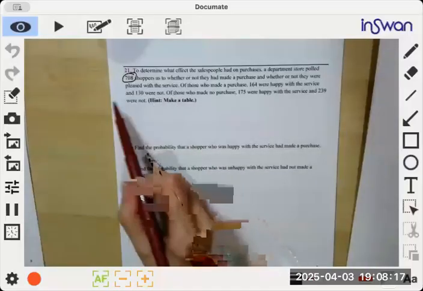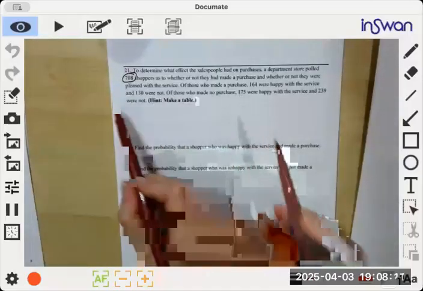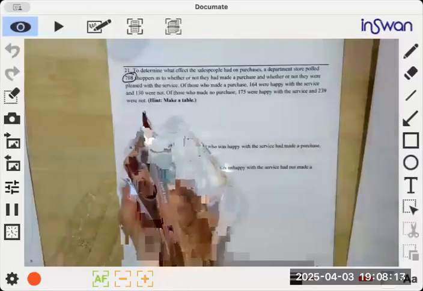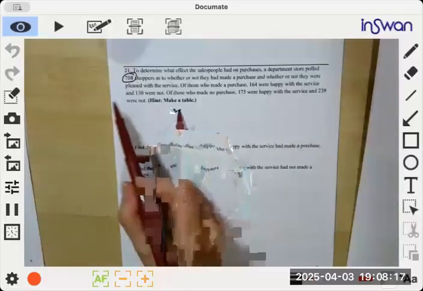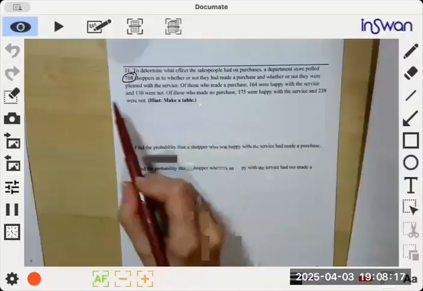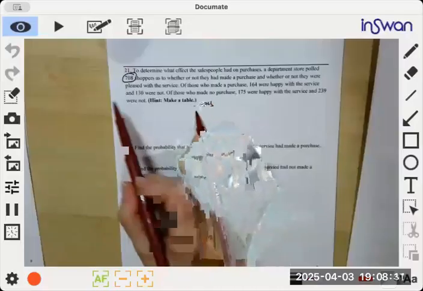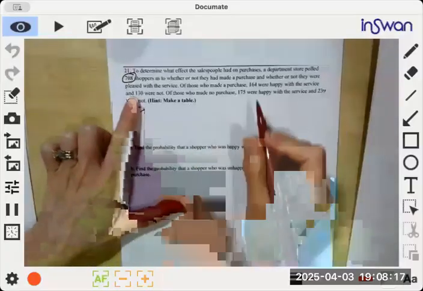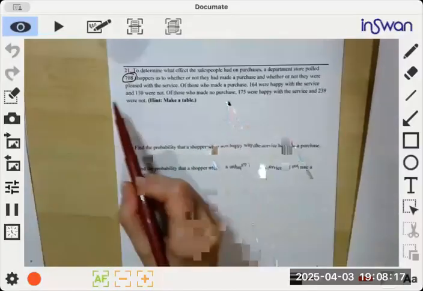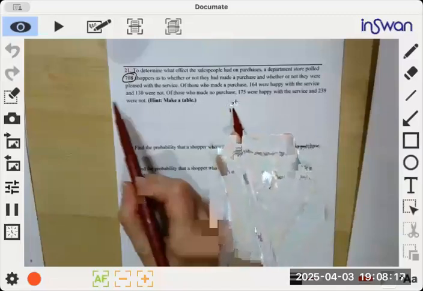their service. Of those who made a purchase, so we've got purchase, and happy is 164, and not happy is 130.